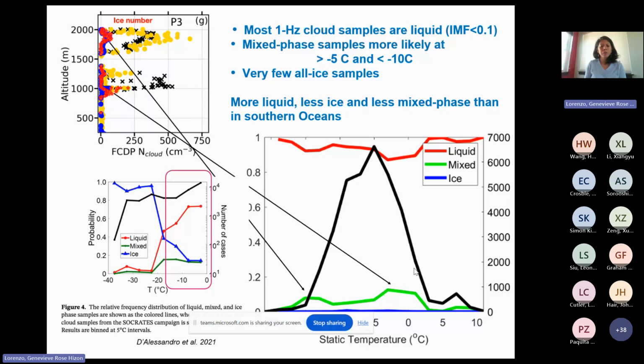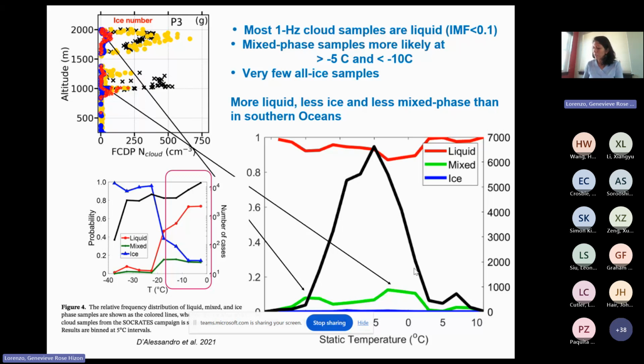For ACTIVATE, when we compare it to the data from the Southern Ocean on the left, which was the field campaign SOCRATES, our temperature range is towards the warmer side, but in the range where they're similar, denoted by the maroon box, it looks like ACTIVATE is more liquid than ice, whereas in the Southern Ocean there's a lot of ice, even in our similar temperature ranges.